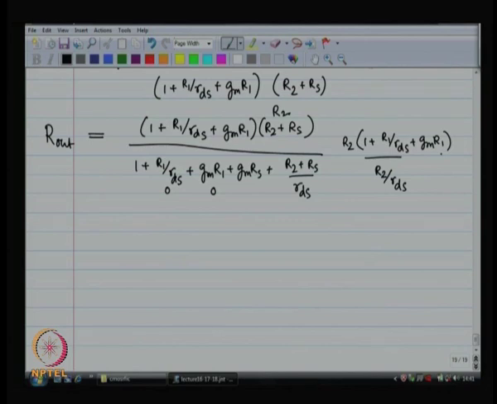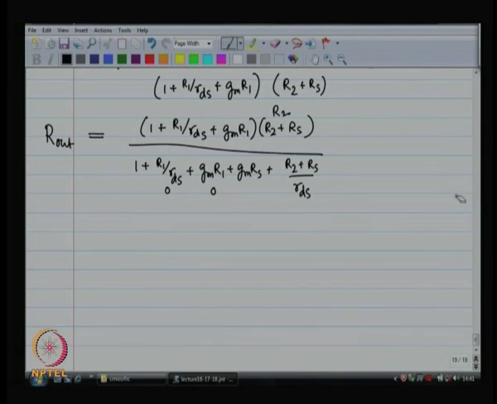So R2 and R2 cancel out with each other. 1 by RDS really is times RDS, and as a result you get RDS plus R1 plus GM RDS R1, which is your formula. So these are all sanity checks that you can perform.